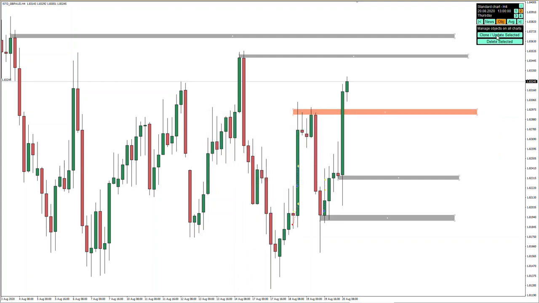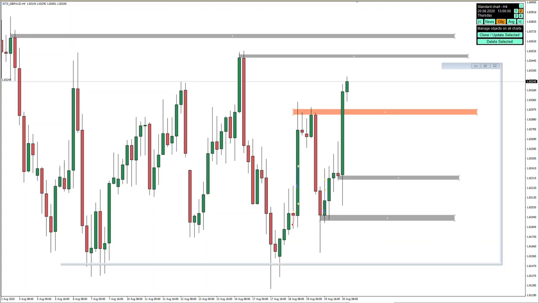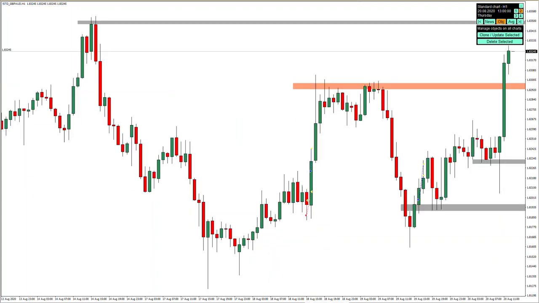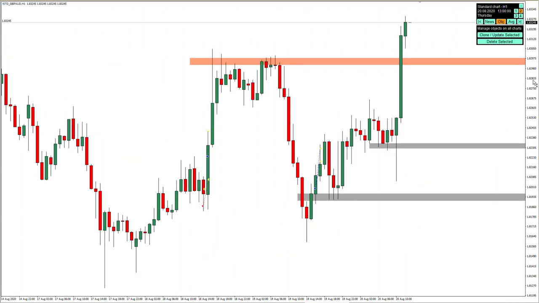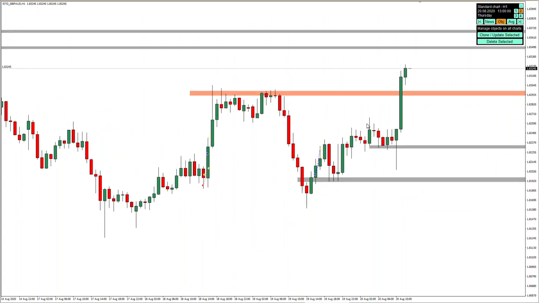Okay, let me clone these to the other time frames. H1. This looks altogether very good. I want to move this to here like that, and I want this one to move here.